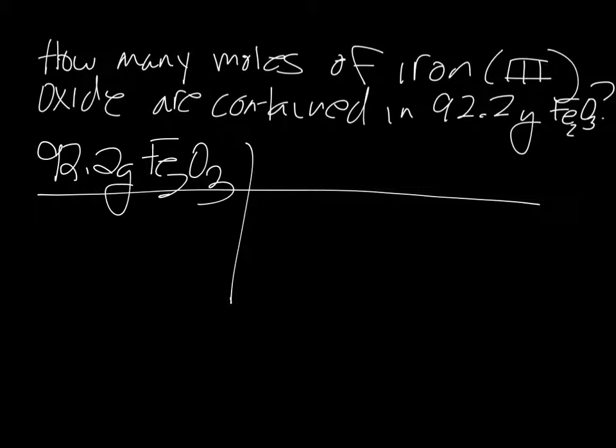Alright, I'll use the T-chart in this case, just like the multiply, like I did in the last example. And what I use next is the molar mass. And molar mass is simply the grams of the substance that you get from the periodic table in grams per 1 mole of that substance. So for example, in this case we have Fe, and we have 2 of them, and we have oxygen, and we have 3 of them.